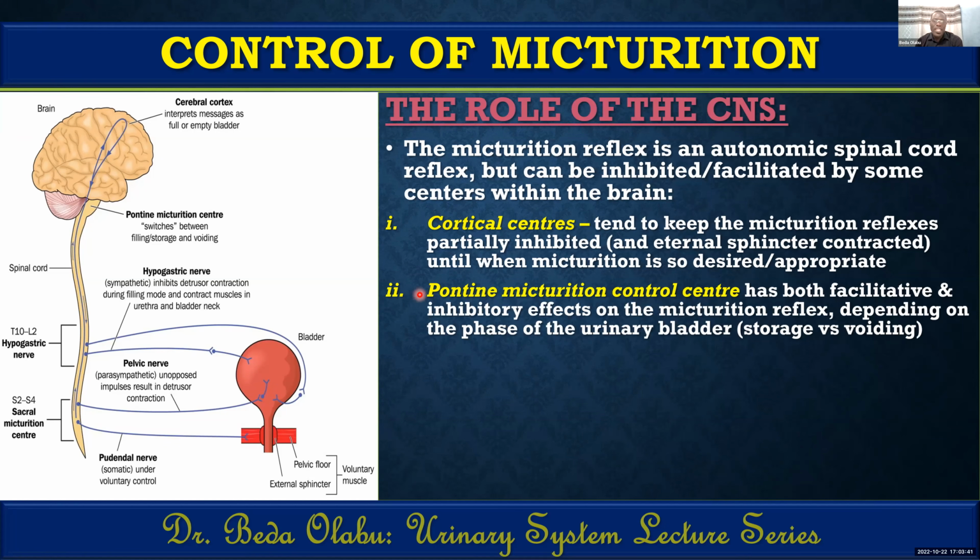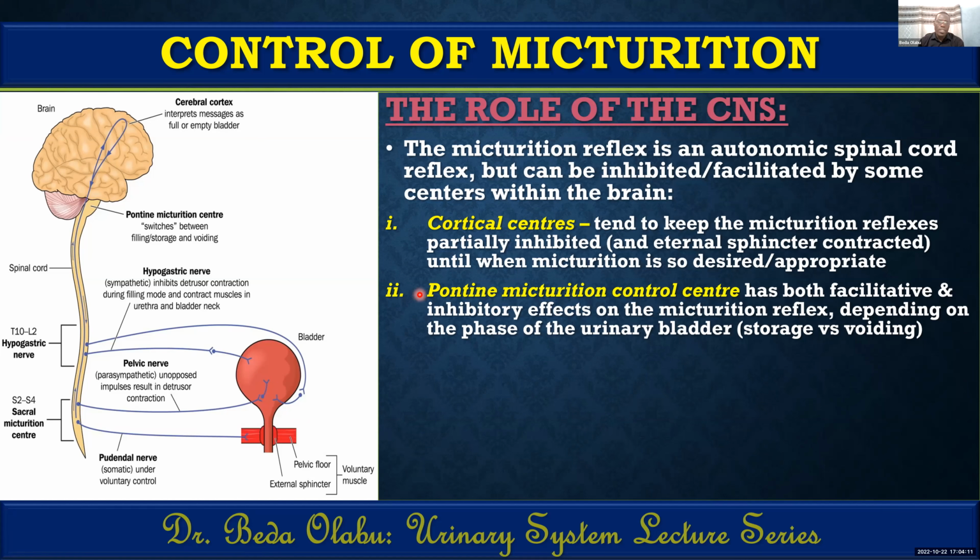We have a pontine micturition control center that can either facilitate the process of voiding or inhibit it. It can facilitate or inhibit the micturition reflex, depending on the phase of the urinary bladder, whether it is in the storage phase or in the voiding phase.